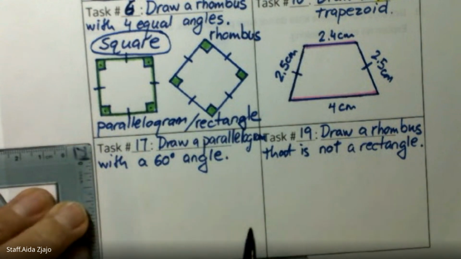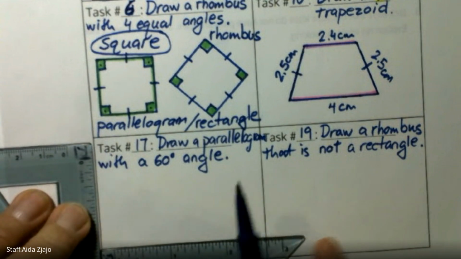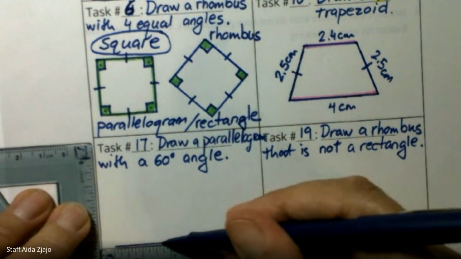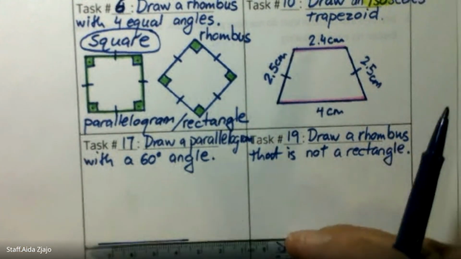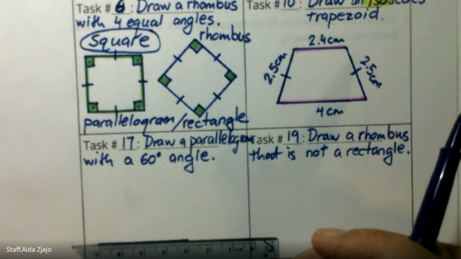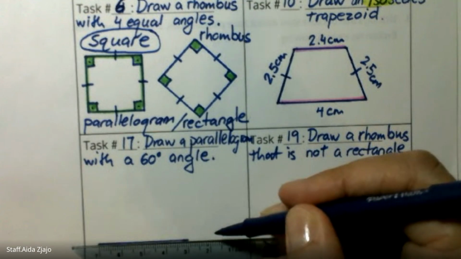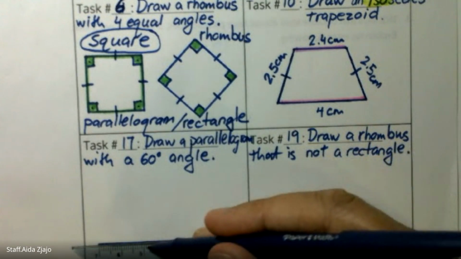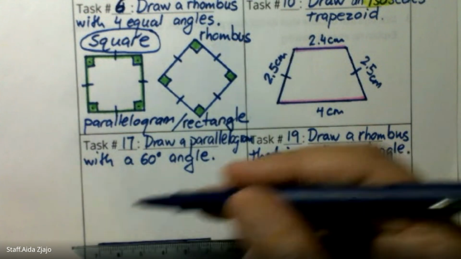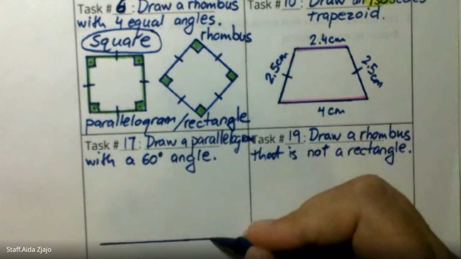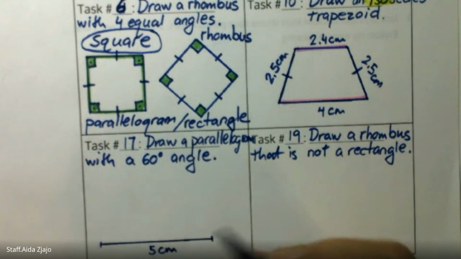So I'm going to make this one first, about like this. 1, 2, 3, 4, 5 centimeters. So this is 5 cm.